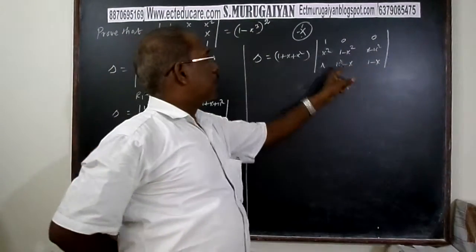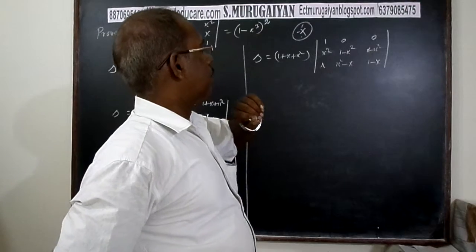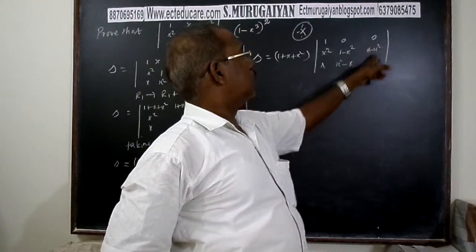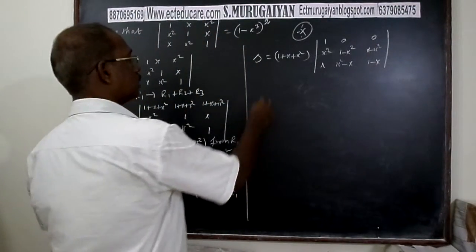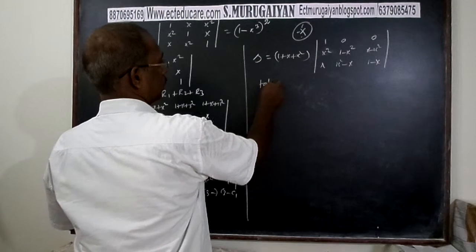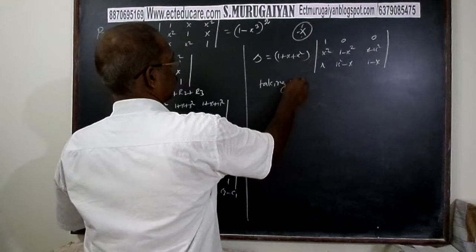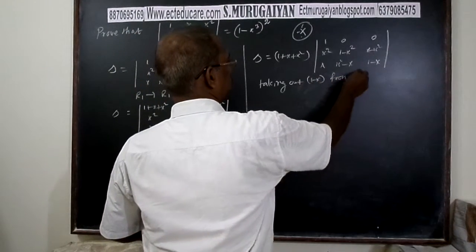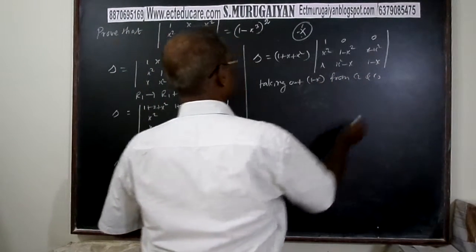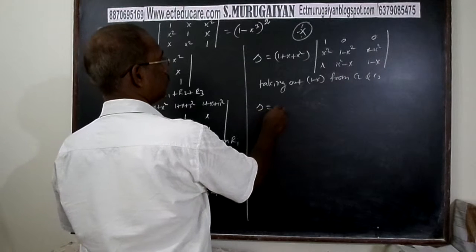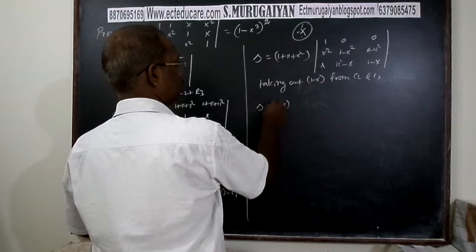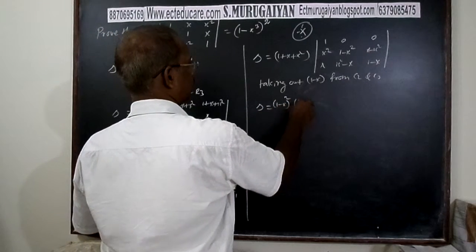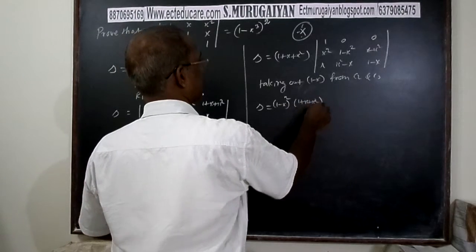From C2 we can take 1 minus x as a common factor. From C3 also 1 minus x is a common factor. So taking out 1 minus x from C2 and C3, then delta is now (1 minus x) the whole square into (1 plus x plus x square).